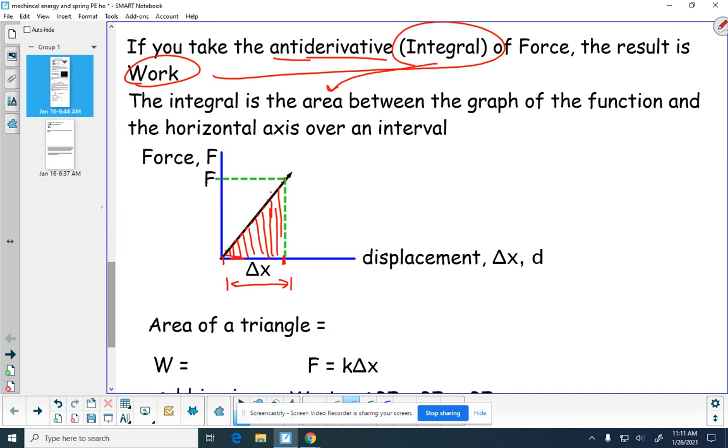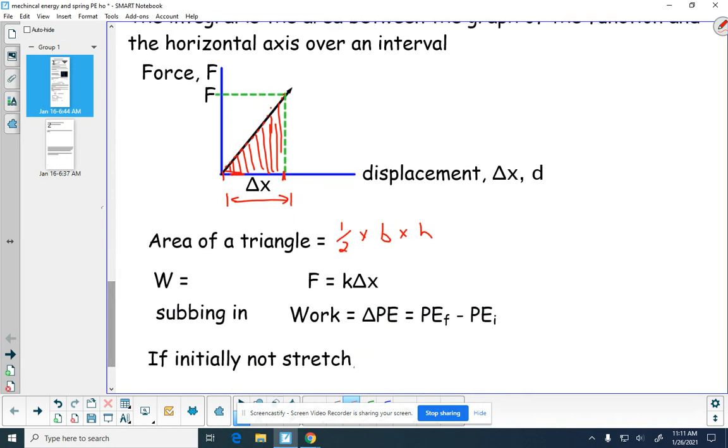This is just a triangle. Well, how do we calculate the area of a triangle? One half base times height. So the area of a triangle is 1/2 times our base times our height. Just the area of a triangle, going back to geometry.